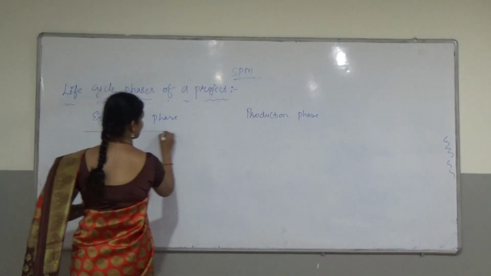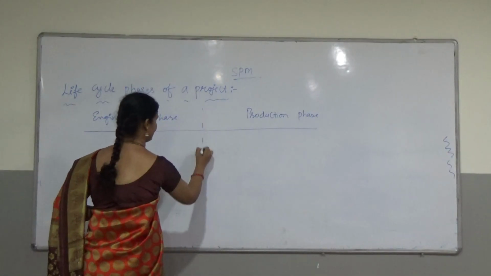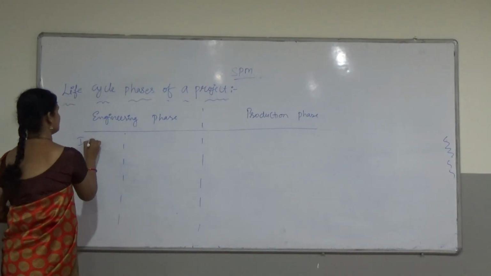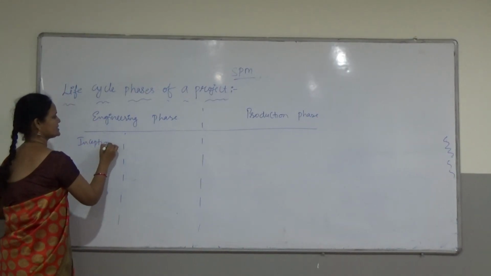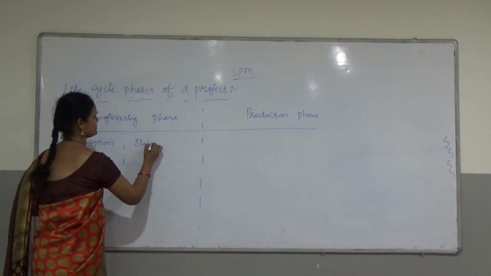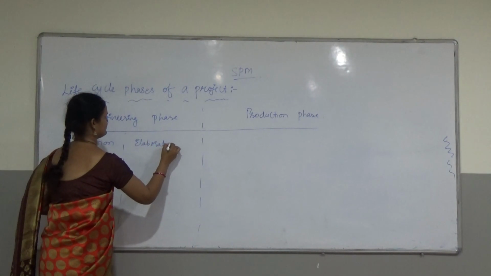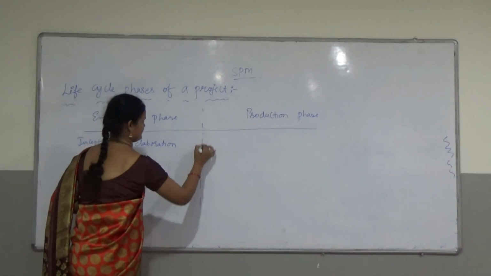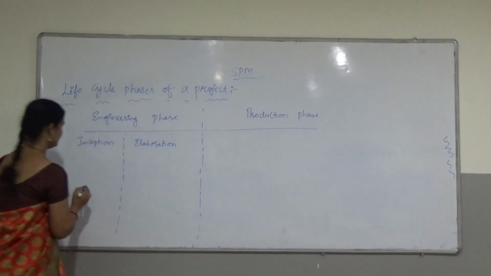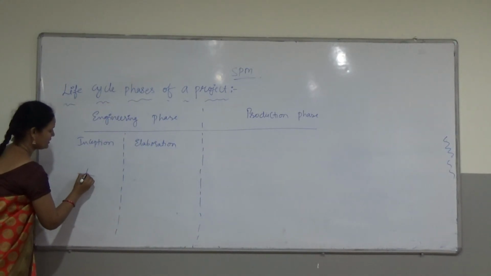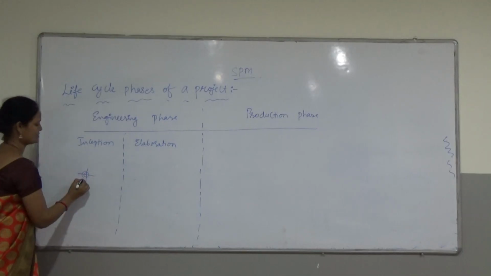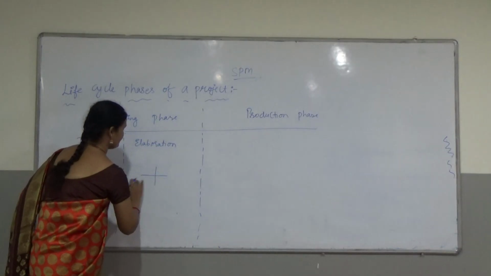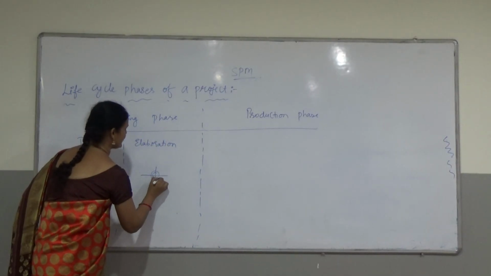The engineering phase is further divided into two: the first one is inception, and the second one is elaboration. Here I am showing it with a small diagram. Here is the small idea, and in the elaboration phase we make it a little bit more elaborated like this.